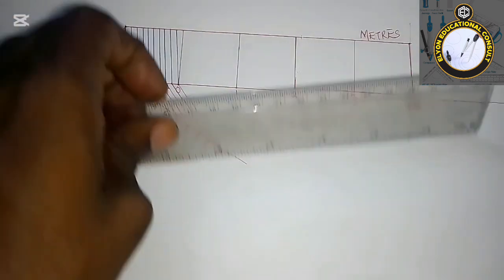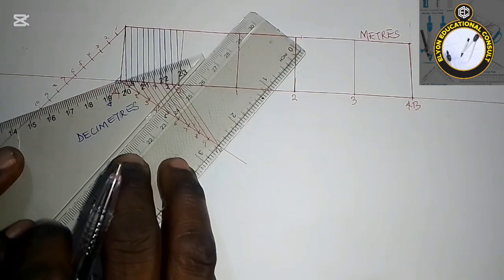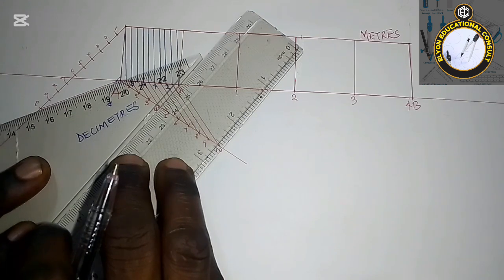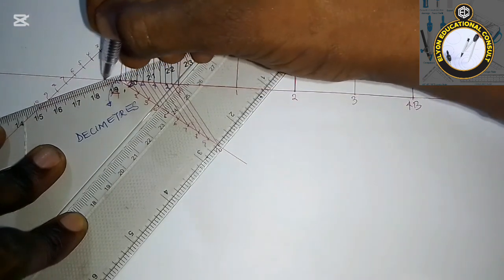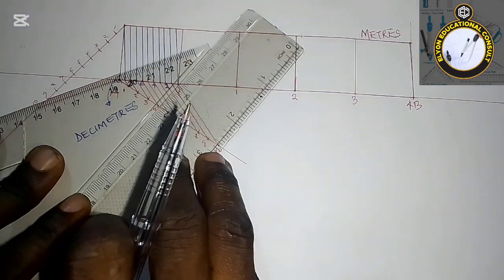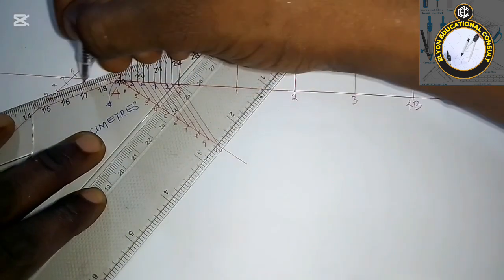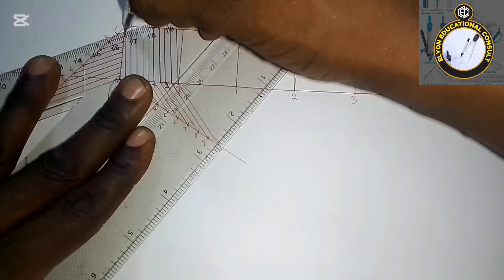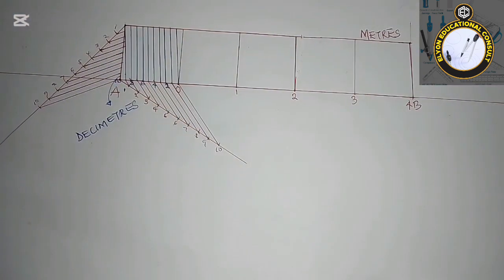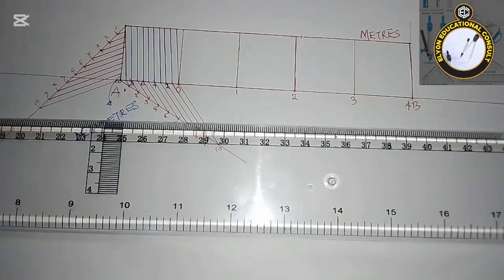Then I can put my set square and ruler. I can draw my lines to it this way. So we keep the second one, then lastly, so we have this now. The next thing is for us to draw from this line.